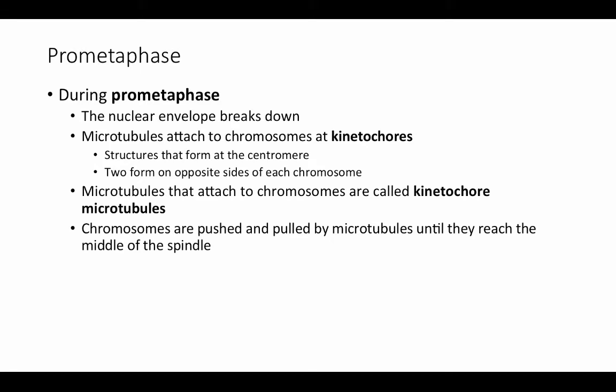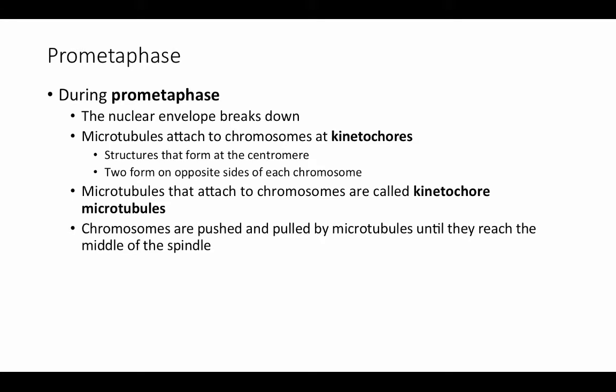And these microtubules are going to push and pull these chromosomes until they reach the middle of the spindle. So what does it mean? What are they actually doing when they push and pull these chromosomes? Remember that microtubules are long polymer chains of little monomer units, so in order to push a chromosome, they assemble more of these monomer units to grow the length of the microtubule.